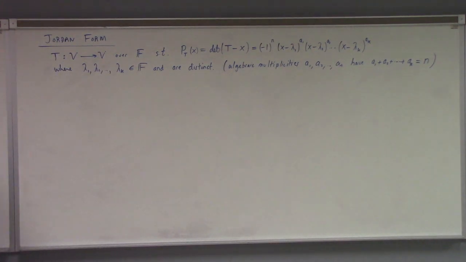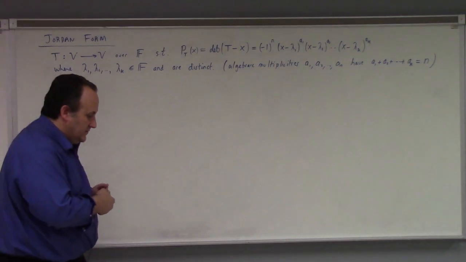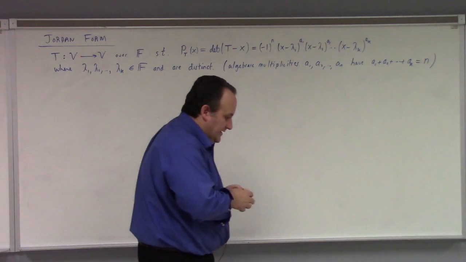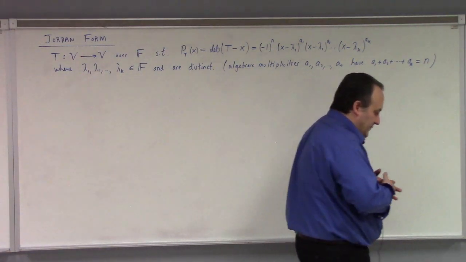Now, it's not always the case that the characteristic polynomial has to split over the field, unless your field is algebraically closed. Like if we're in the complex numbers, then this is always the context, because any nth order polynomial with complex coefficients can be factored into n linear factors, possibly repeated, of course.